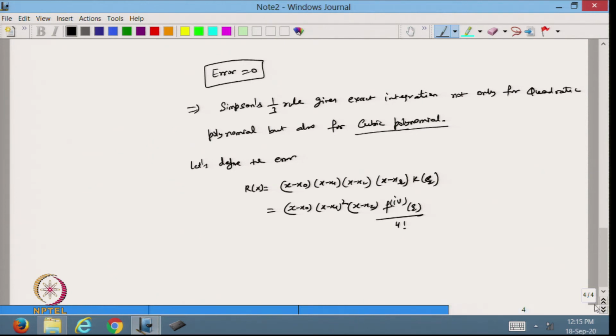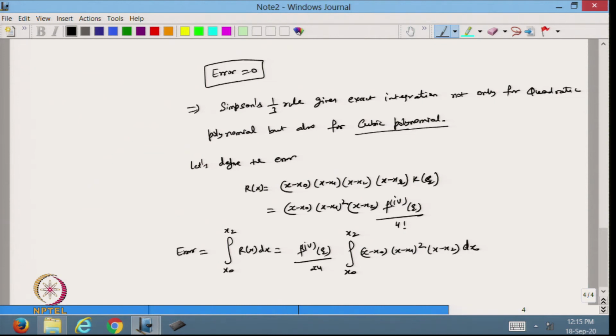So, now we do the integration and find the error. The error in this case will be the integration from x0 to x2 of R(x) dx. So, this will be f4 by 24, integral from x0 to x2 of (x minus x0)... dx.